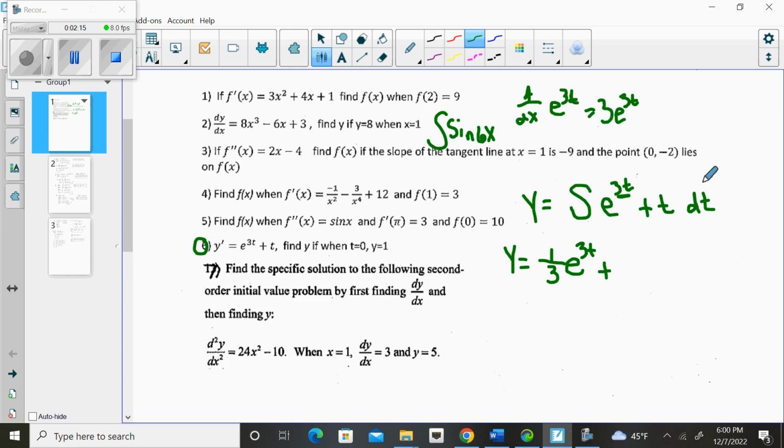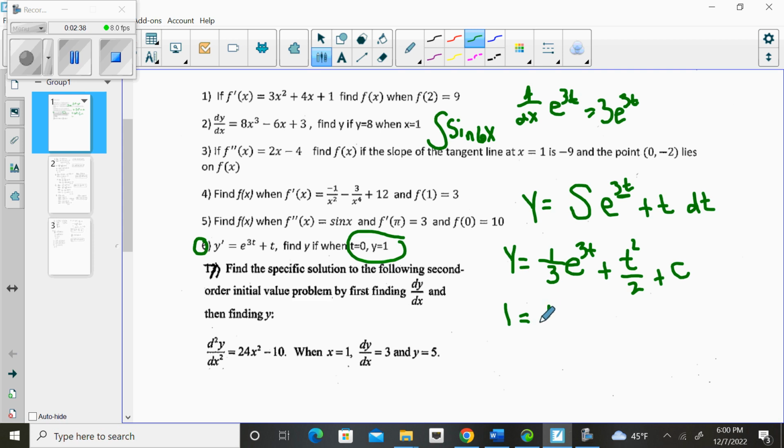Now the antiderivative of t is t squared over 2 plus c. Then we're given the information that we need to solve for c. We are told here that when t is 0, y is 1. So then we plug in.